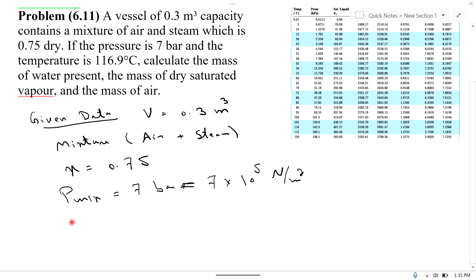The temperature of the mixture is 116.9 degree centigrade. Convert this into Kelvin: 116.9 plus 273 Kelvin, which is equal to 389.9 Kelvin.